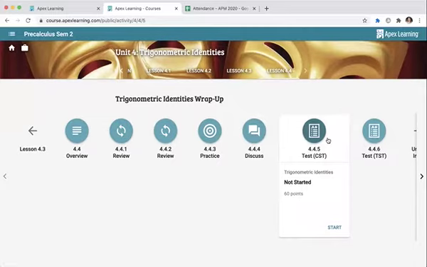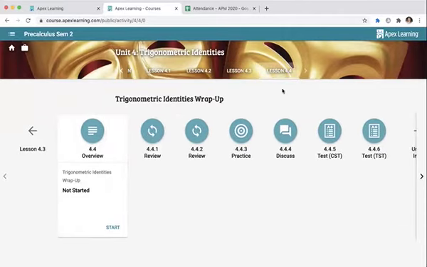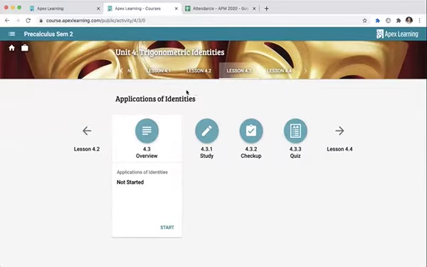I don't assign weekend homework in PreCalc. Technically, today you should finish 4.3 and 4.4, but since you have a weekend, feel free to take it. You should just be done with Unit 4 coming into Monday.